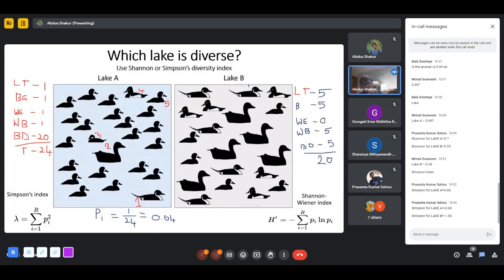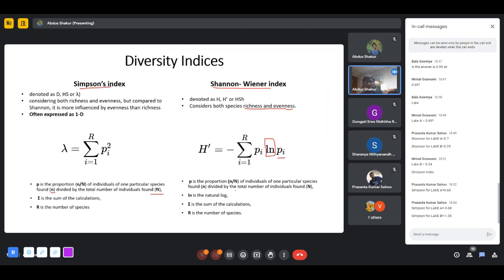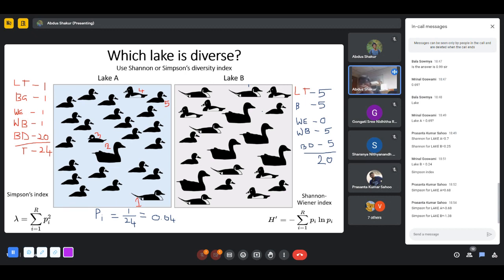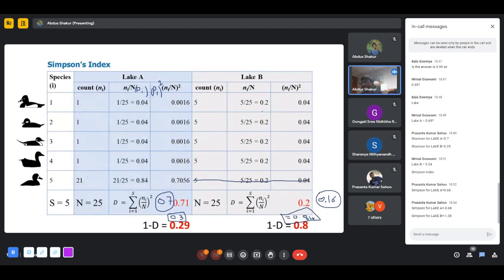If you check the previous example also, we said it's not only the species richness, the number of species present in that area, that matters, because Shannon and Simpson take into consideration both species richness and evenness. You get those communities with higher species richness and evenness as the ones that are much more diverse. Even if the species richness is higher here, it's not even, so we say this community is not diverse.